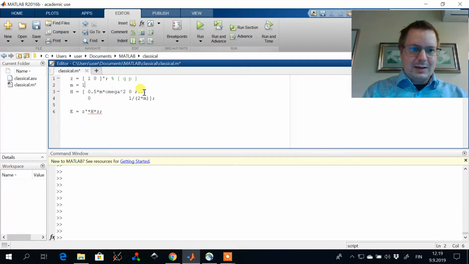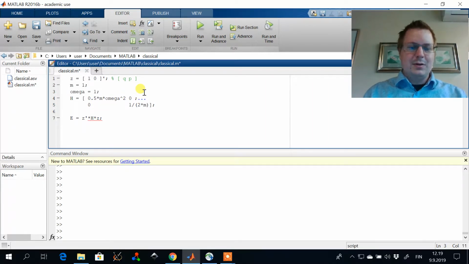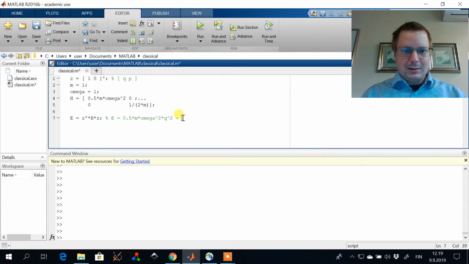So let's have the mass 0 and a frequency 0. So now this function here will actually end up being, so you can see that the Q is here in the first column of Z. So you will have that the total energy of the system will actually look like this, and then like this. So this is just the total energy of the harmonic oscillator.